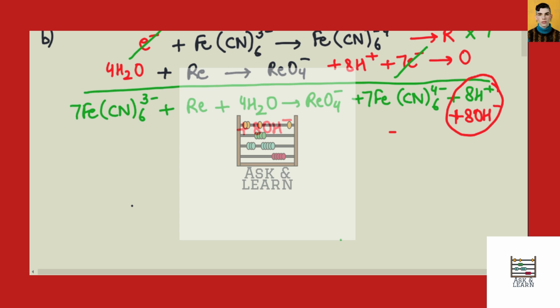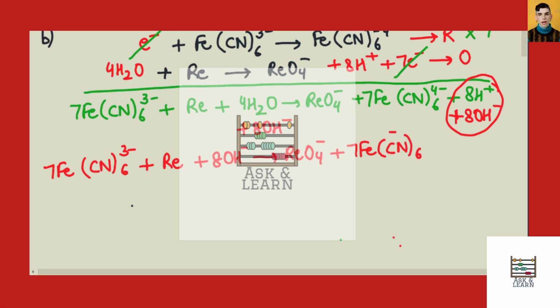Now this in total will give us 8 water molecules, and then 8 minus 4 gives 4 water molecules. So this is our balanced equation.